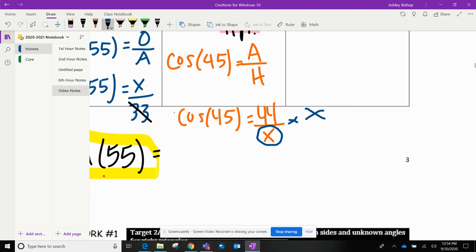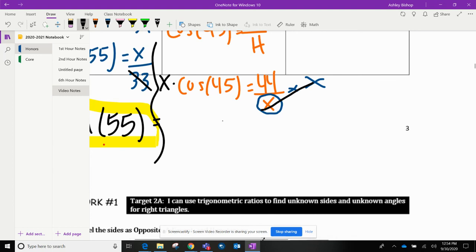So I'm going to multiply this side by x, and I'm going to multiply this side by x. These will cancel each other out. So now I have x times the cosine of 45 is equal to 44.